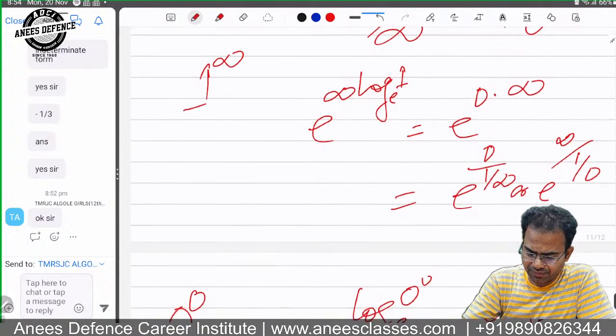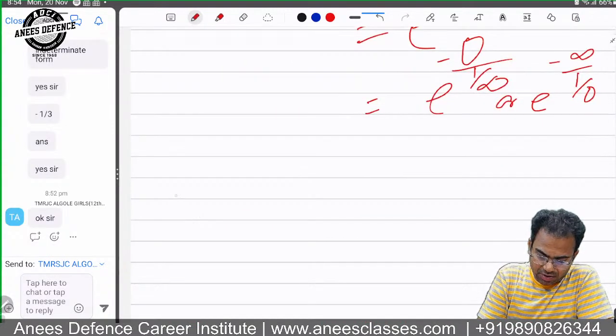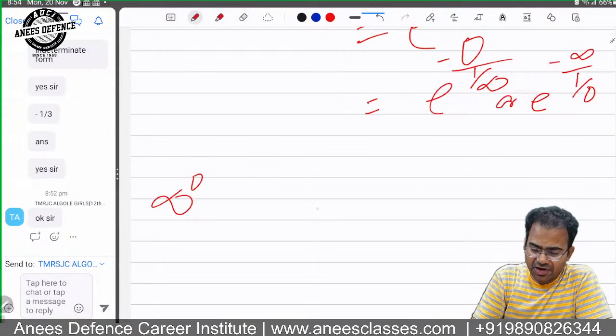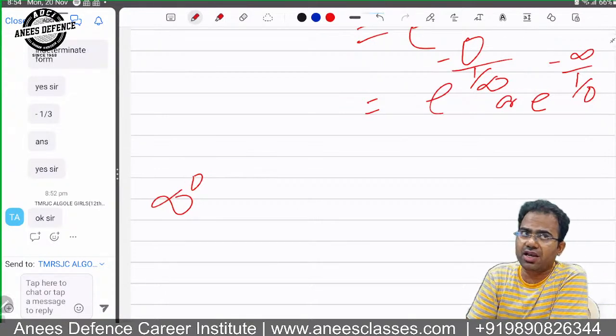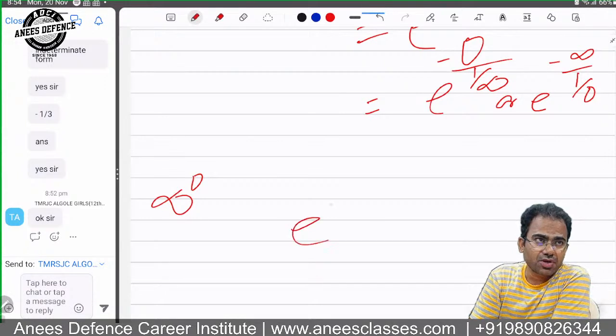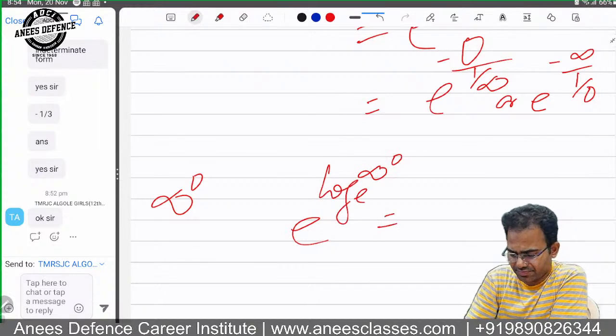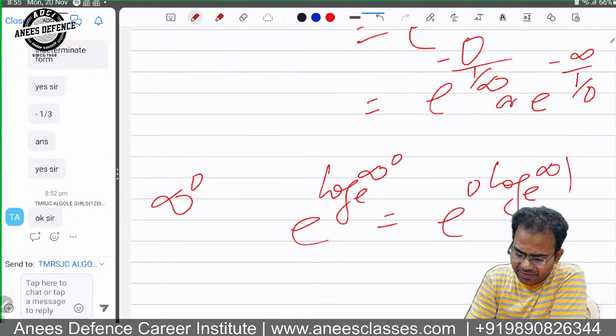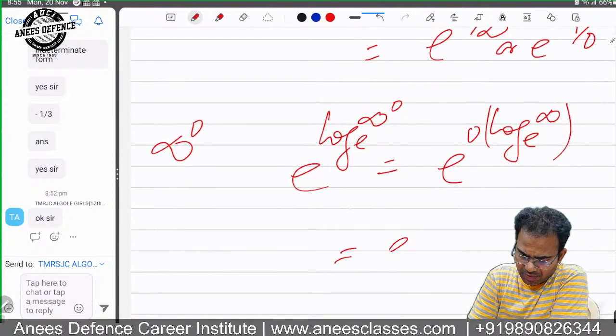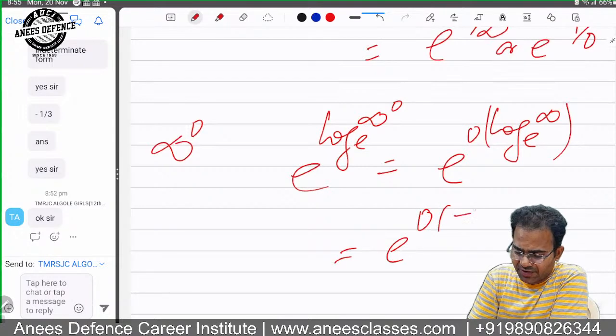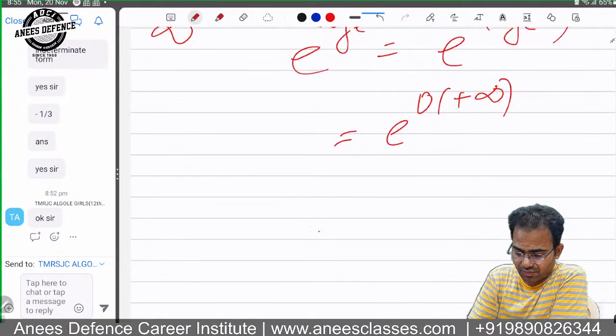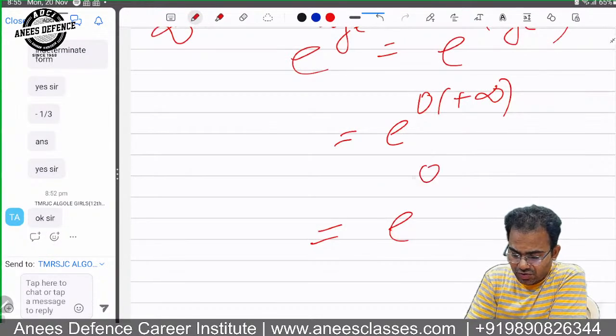And the last form, infinity to the power 0. I will convert this into exponential with the help of log. So e to the power log of infinity to the 0 to the base e. So it will be 0 into log infinity to the base e. Log infinity to the base e is plus infinity. So I can write this as 0 upon 1 upon infinity, or infinity upon 1 upon 0.